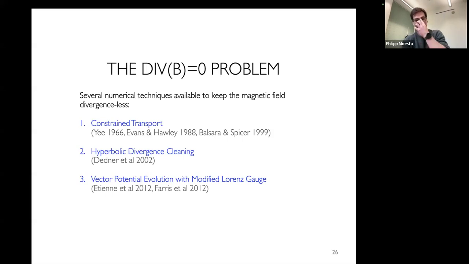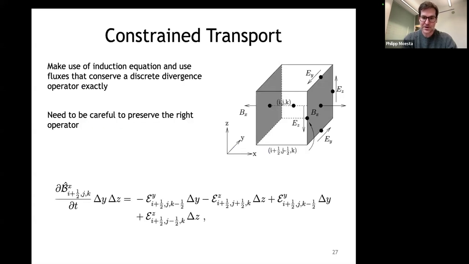If you look at the references here and the dates for this, this is something that was used a long time ago and has a lot of history in the field of GRMHD. Here, we're making sure that we're never really creating any divergence in our scheme in the first place.